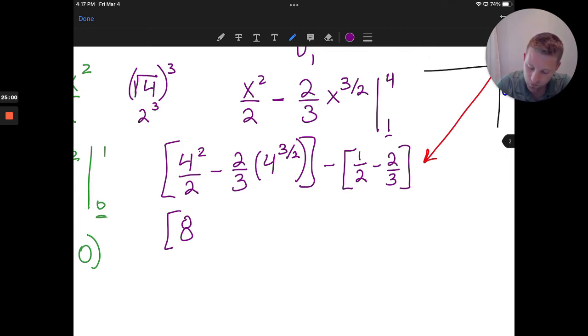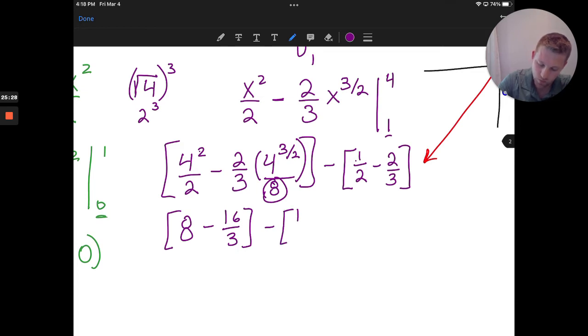Okay, so in other words, this value is 8. And so 2 times 8 is going to give us negative 16 over 3 for that result. Minus, we already did the 1/2 minus 2/3. You can keep this as is for now if you'd like. So 1/2 minus 2/3 here.